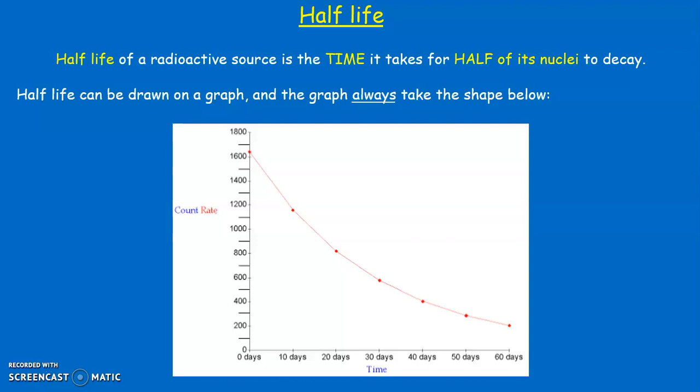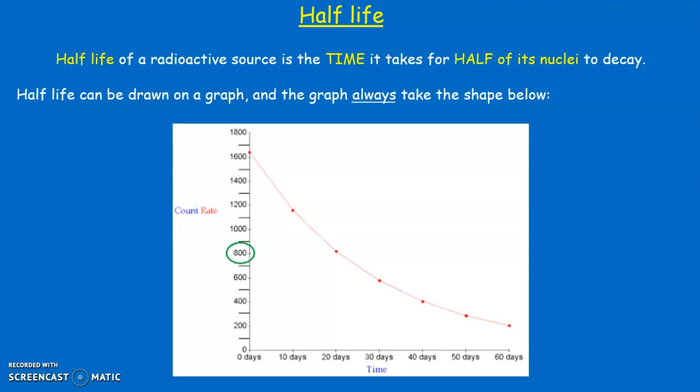Half-life is really simple to work out using a graph. Step 1. Work out half of the starting count rate, or the starting value on the y-axis. So it's just above 1,600. So in this case, half of just above 1,600 is a very small amount above 800.